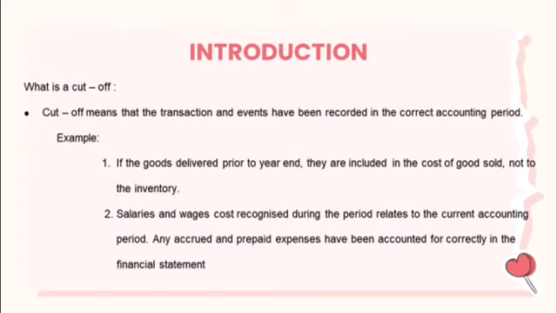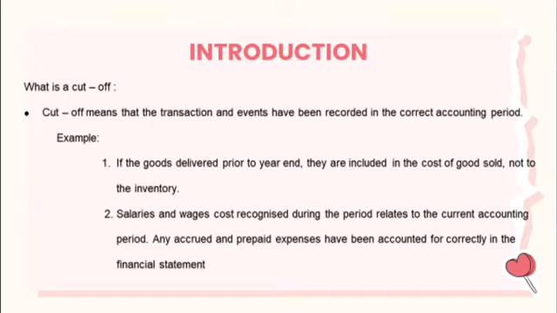Okay, so now I am going to talk about the introduction. What does cut-off assertion mean? Cut-off means that transactions and events have been recorded in the correct accounting period. For example, if goods are delivered prior to the year end, they are included in the cost of goods sold and not in the inventory.